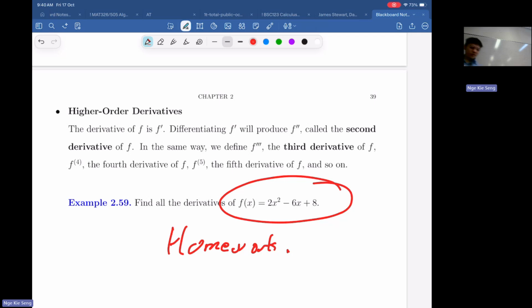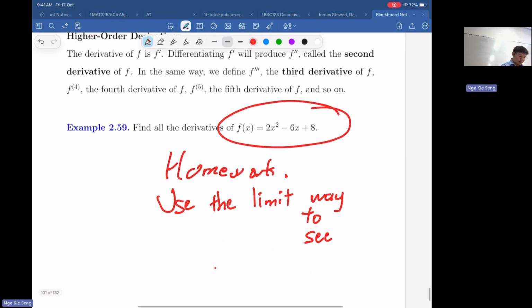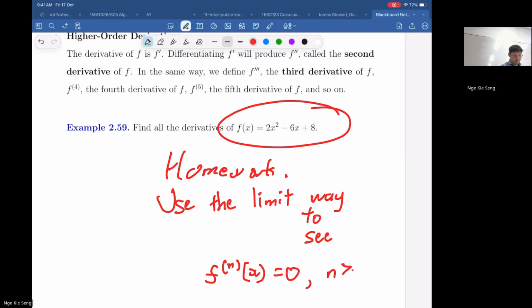I suggest you use the limit way to compute, because soon after you will forget this limit method already, because we will use a lot of formulas. So use the limit way to see that actually the nth derivative of f is 0 for n greater than 2. You always get 0.